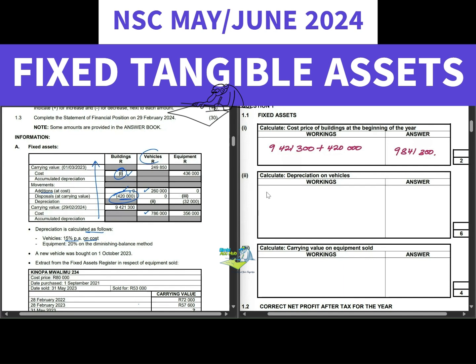Remember, whenever we calculate depreciation, we calculate for the sold, old, and new. In this case, we don't have the sold, but we have the old. So let's start with the old now. On the old, I'll take my 786, which is at the end. I know that in that 786, I have already added the 260, so I will take out the 260. Remember that 260 becomes my new.